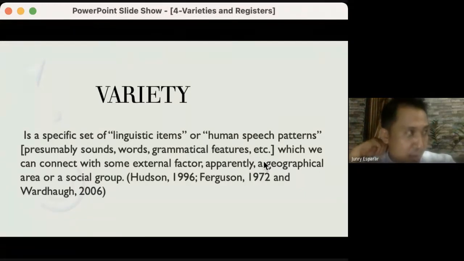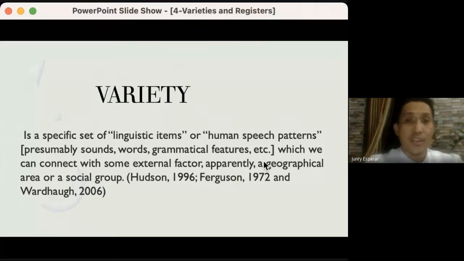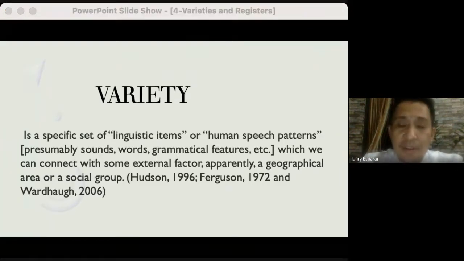So the third English-speaking country in the world in terms of second language users of English. Just imagine that. So how does our variety, our English, affect our way of communicating to others?